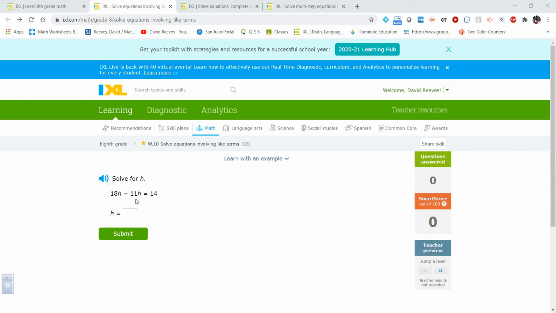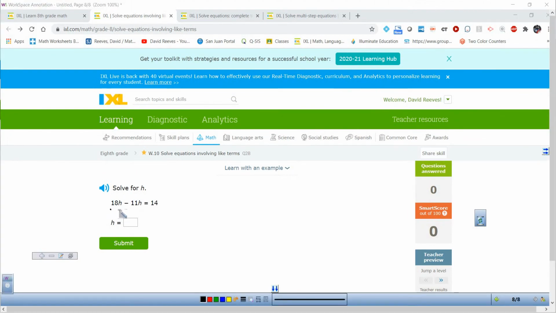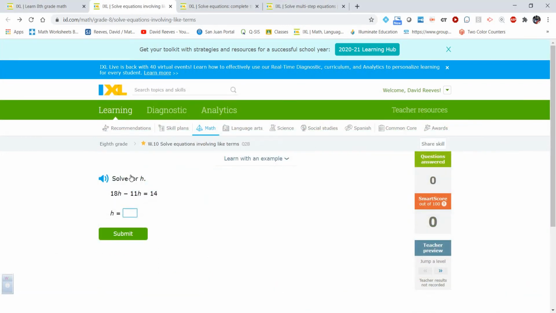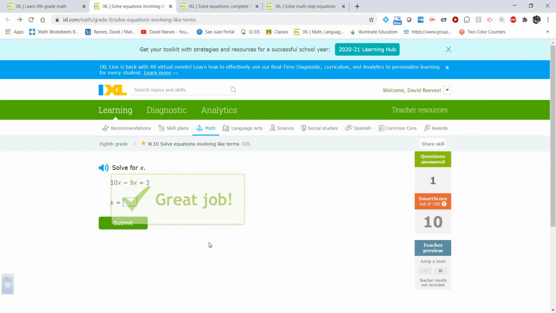So I have 11h being subtracted from 18h, so I'm going to combine these like terms. Well, 18 take away 11, last time I checked, that's going to be 7h. 7h is equal to 14. Now I've got my simple one-step equation, and I get h is equal to 2. Which of course is the correct answer.